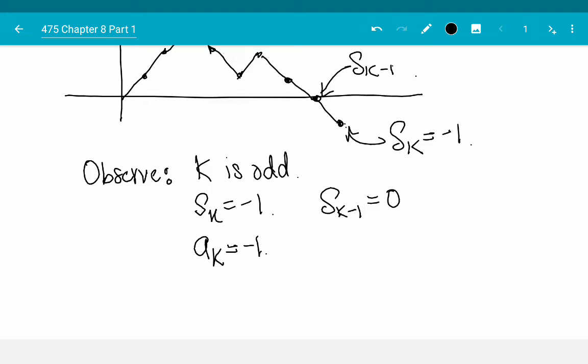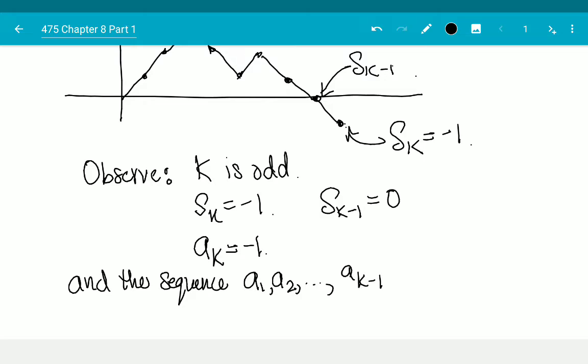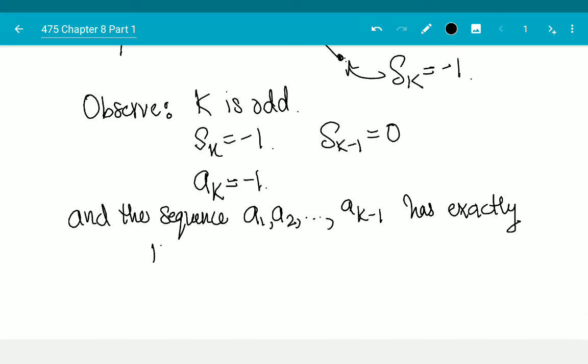And the sequence a1, a2, dot dot dot up to a_(k-1) has exactly (k-1)/2 ones and (k-1)/2 negative ones.